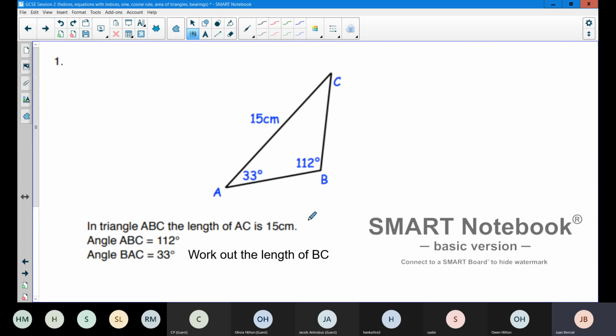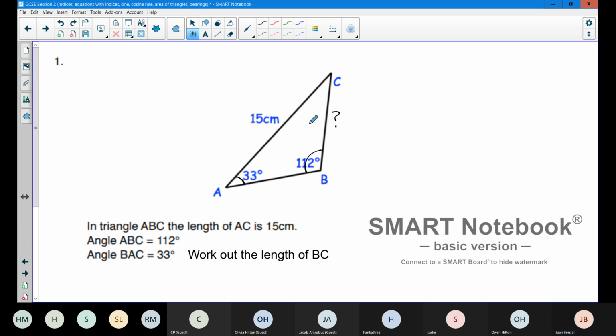So in this case, we know this angle, and we want to work out the length. This is what I need to find out: BC.